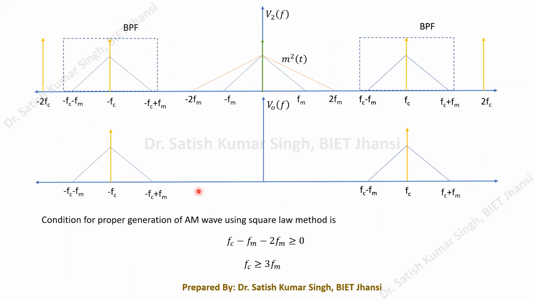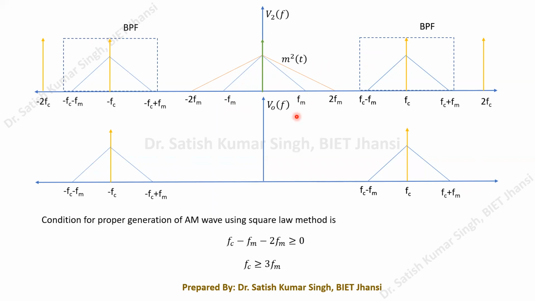I have just written this portion, so you just try to understand it. This blue curve denotes the Fourier spectrum, or frequency spectrum, of signal m(t). I have not written it here, but it corresponds to signal m(t). I have just plotted it from minus f_m to plus f_m because it is a multitone signal.